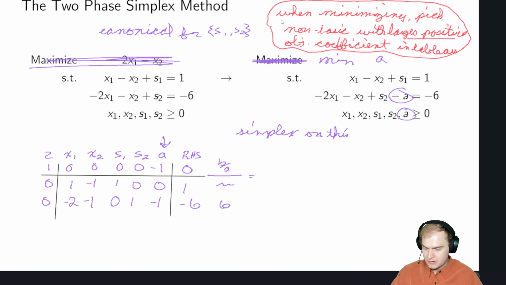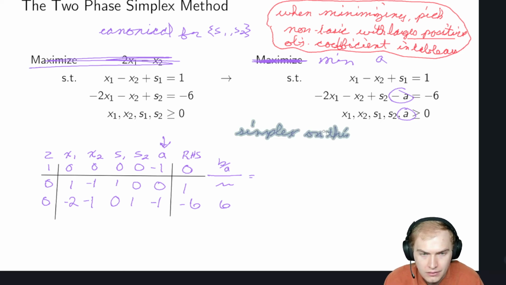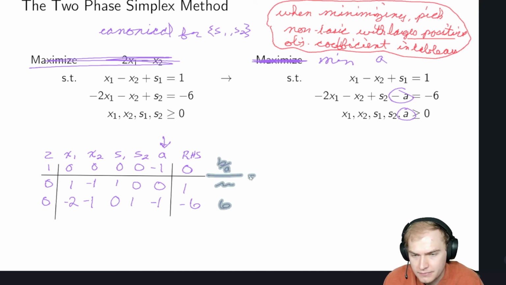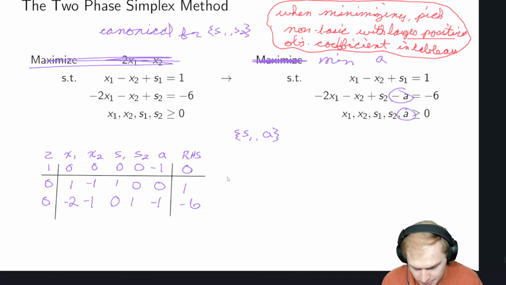Because in fact we do need to pivot this manually to put A in the basis. So we want, again, our S1 and A. This is our target basis. So we pivot on this entry.